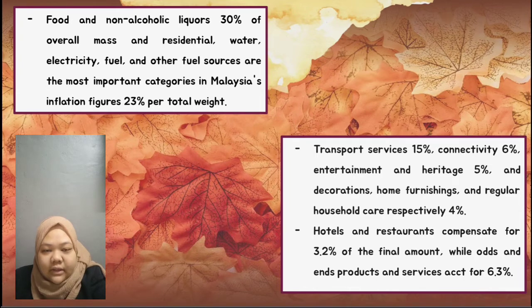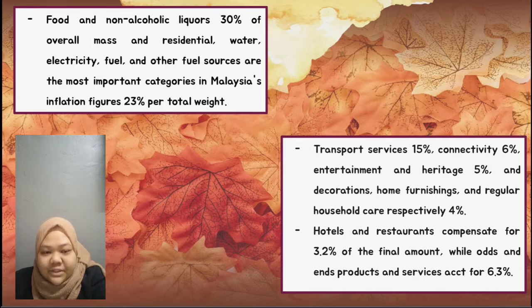Food and non-alcoholic beverages, 30% of overall weight, and housing, water, electricity, fuel, and other fuel sources are the most important categories in Malaysia's inflation figures, 23% of total weight.